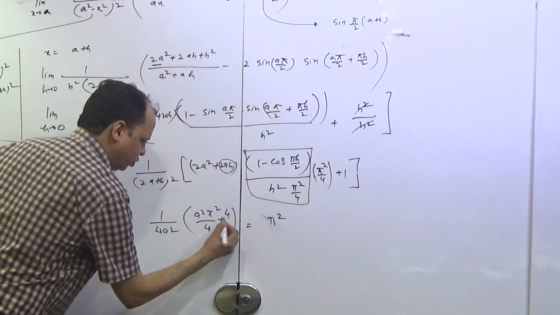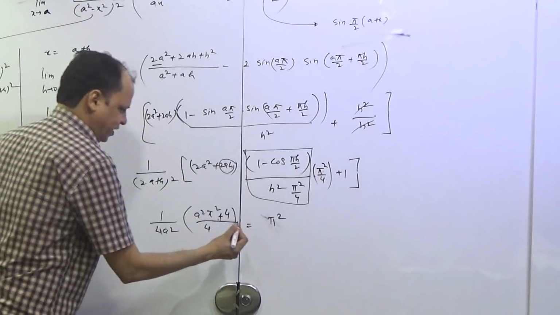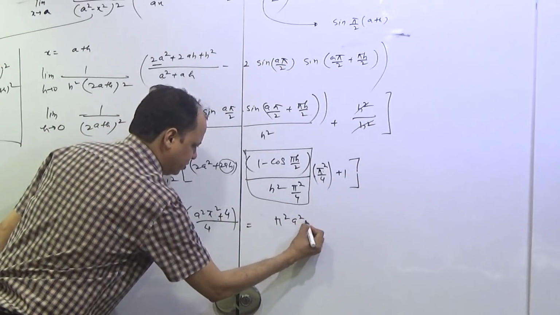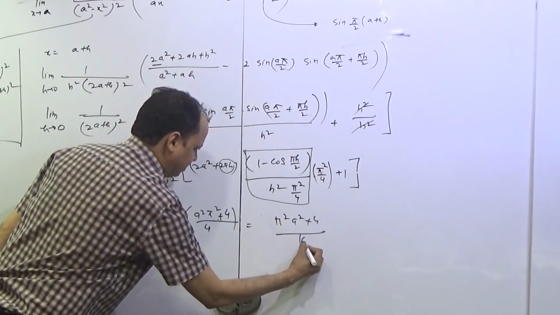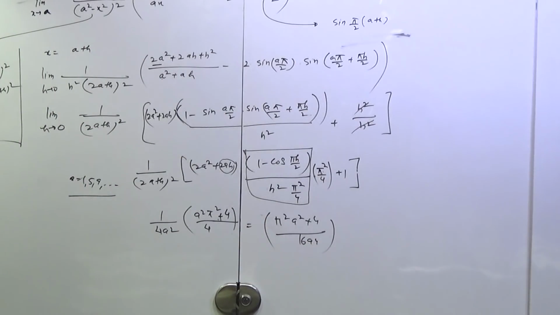I will write 4 over here. So the final answer is coming out to be (pi square a square plus 4) divided by 16 a raised to power 4. Is the answer correct? Yes sir. Now just see.